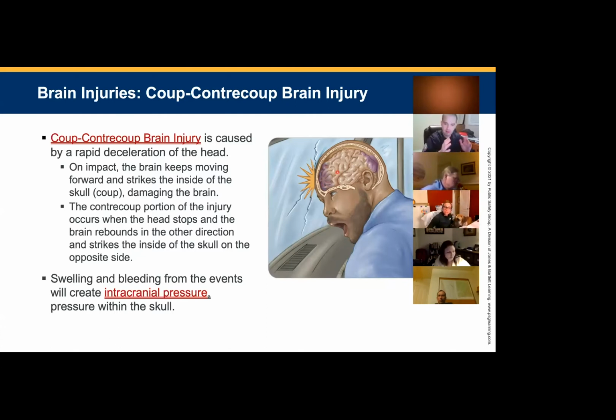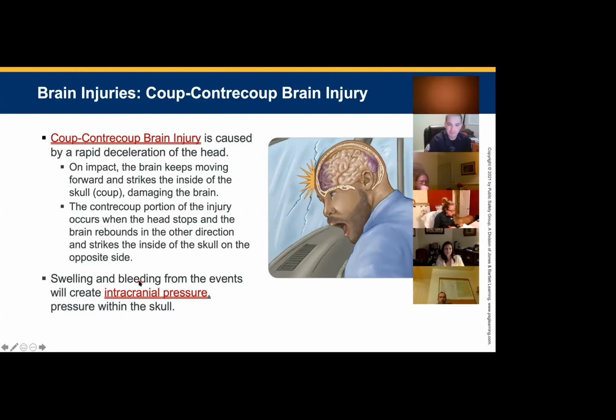When the skin and bone stop, the organs still continue to move. This individual was moving until he came to a sudden stop with the windshield, cracking it. We have the primary damage where the injury occurs. But the brain moves forward and then bounces backwards, and now we have a brain injury on the opposite side of where the injury took place. We call that coup contrecoup.